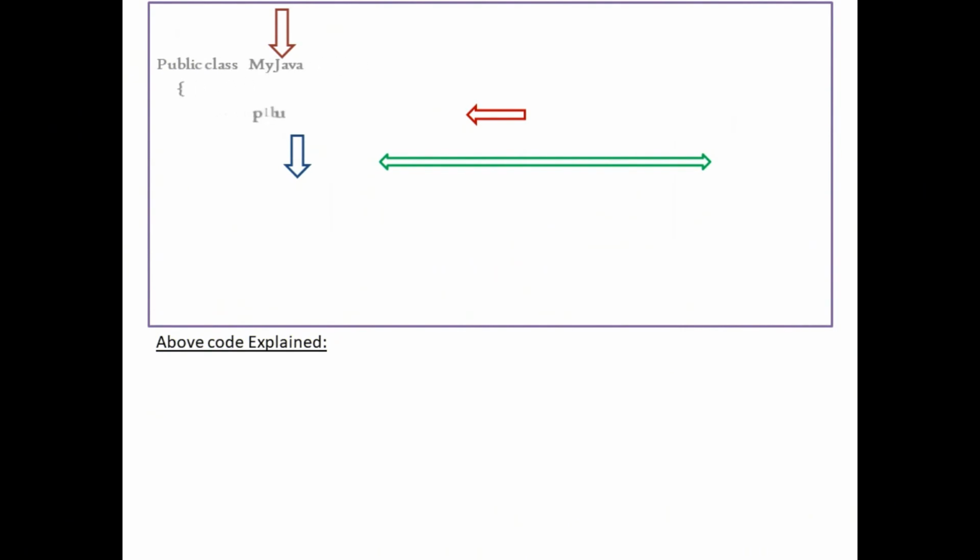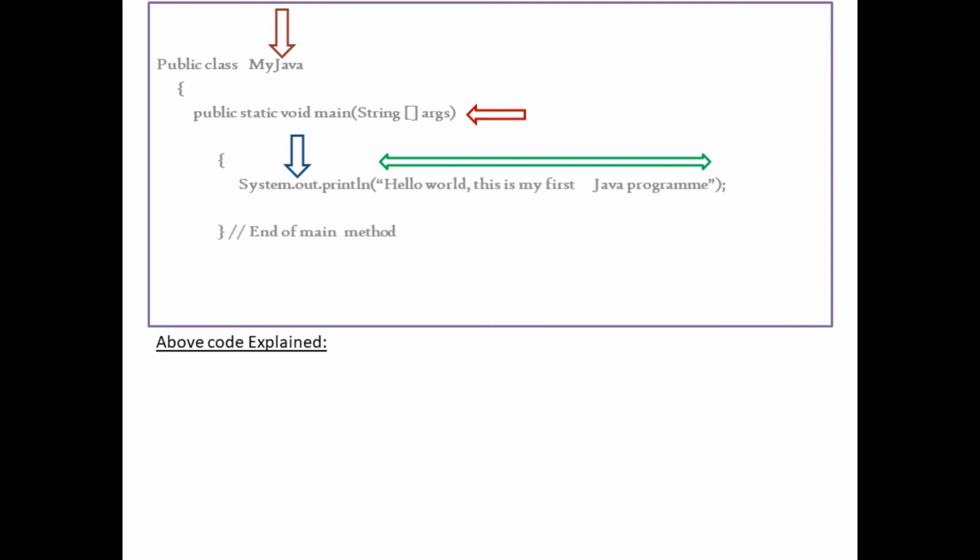So here you will see the whole program we did before. You see this MyJava, this is the class, which has the same name as the Java file, and this is the main method.